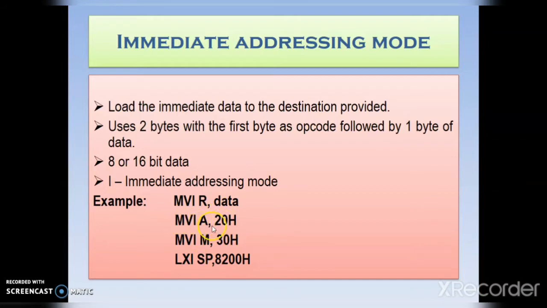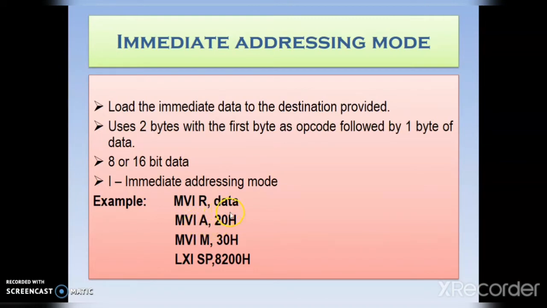In the first example, for R I have taken the A register, and for data I have taken 8-bit data, that is 20H, where H represents hexadecimal. The function of this instruction is to load this 8-bit data 20H immediately into the accumulator.